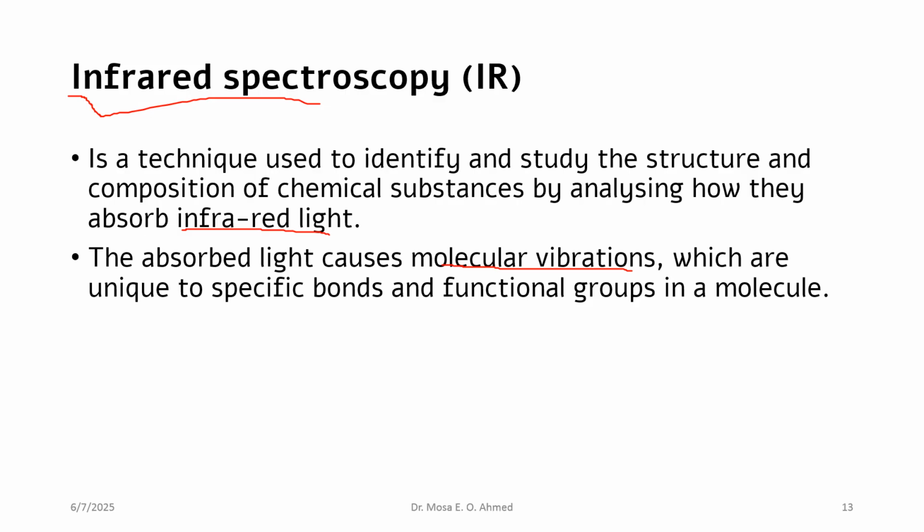That means the vibration of a carbonyl group is different from the vibration of a carboxyl group or an amino group. So we use this vibration and the change in the infrared response for identification.